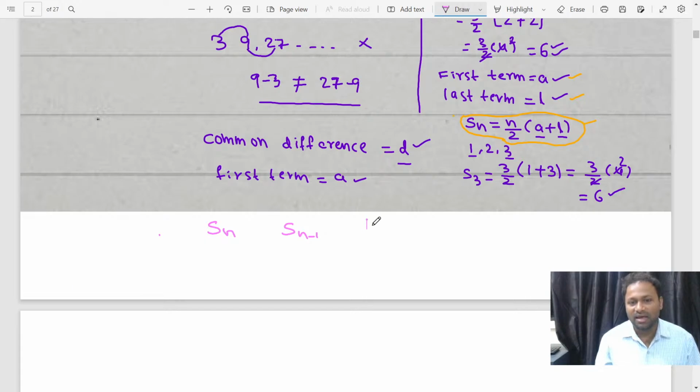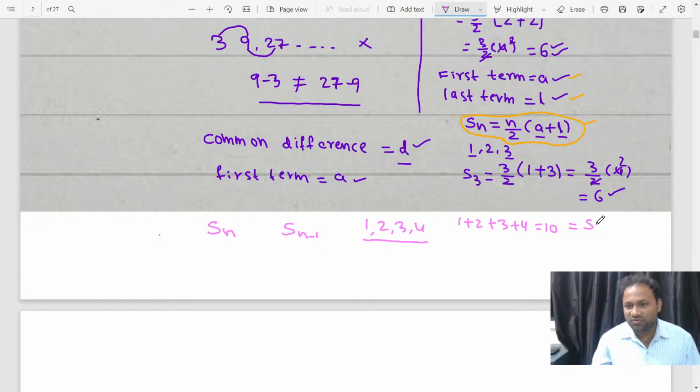Example same. I will take 1 2 3 4. Sum of n terms means total 1 2 3 4. How much? 1 plus 2 plus 3 plus 4. 4 plus 3 is 7, 7 plus 2 is 9, 9 plus 1 is 10.